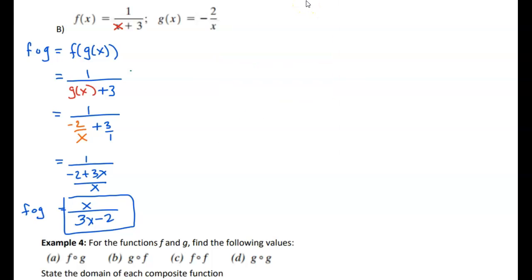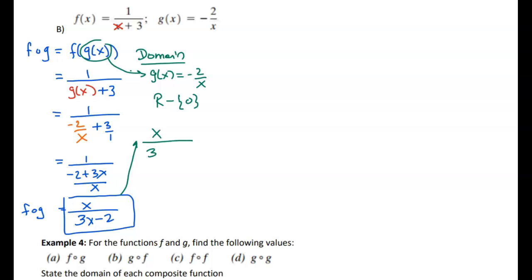Okay, so first we need the domain of the inner function. Okay, so if I look at g, you can see that it's all the real numbers excluding x is 0. Right? And we look at the domain of this. So we have x over 3x minus 2. And this is all the real numbers excluding when this is 0, which is 2 over 3.